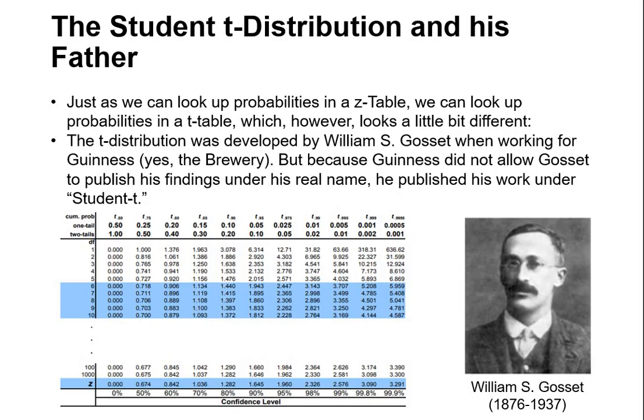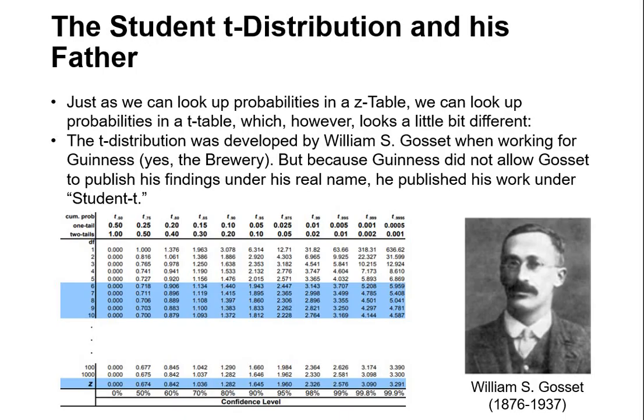So what you can see is here you have a table which is giving you critical t-scores depending on the degrees of freedom that you can see in the first column. And then you want to know how much probability you have in one tail.